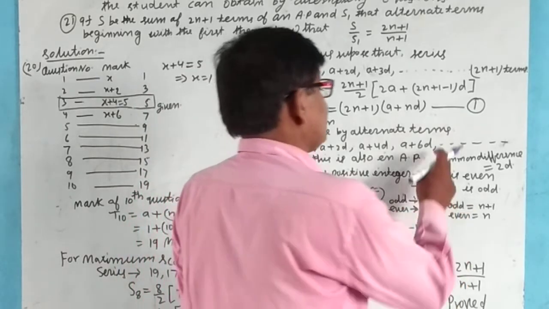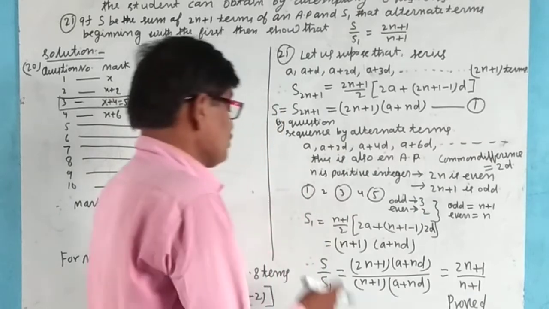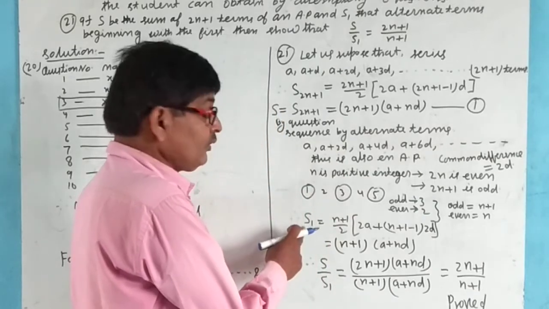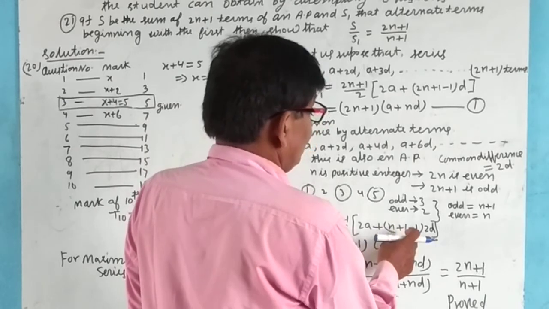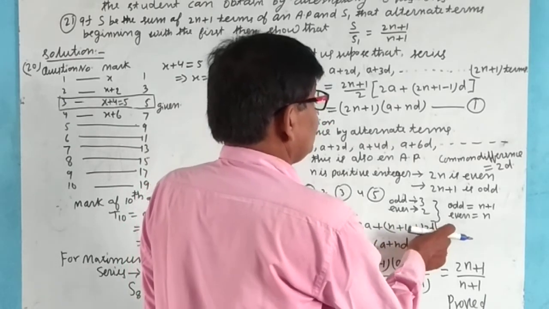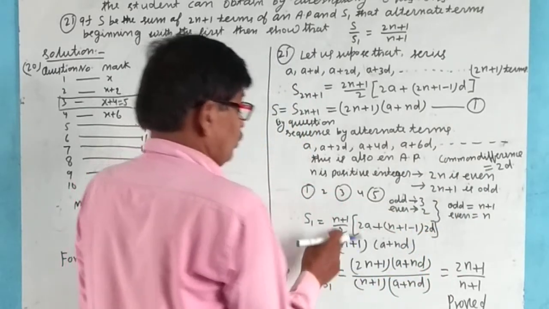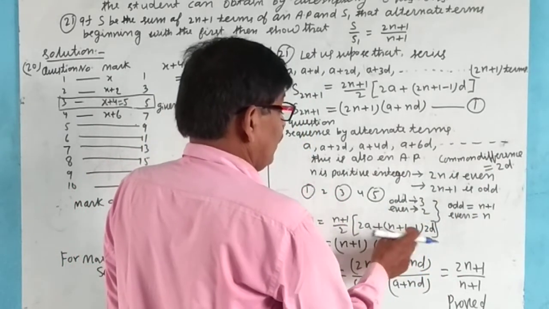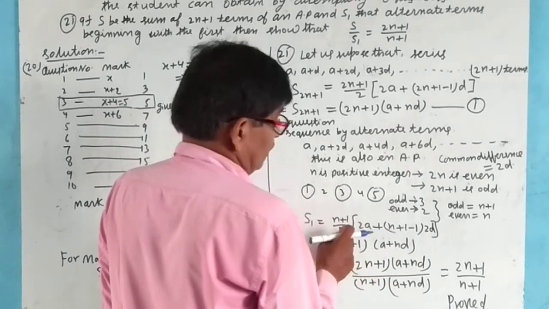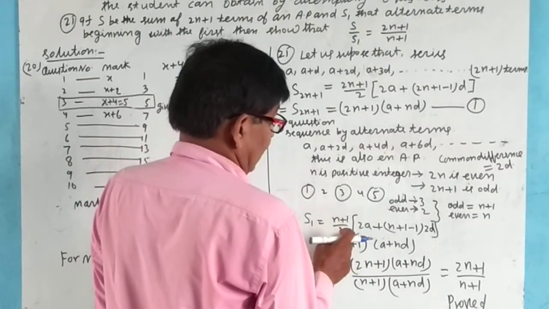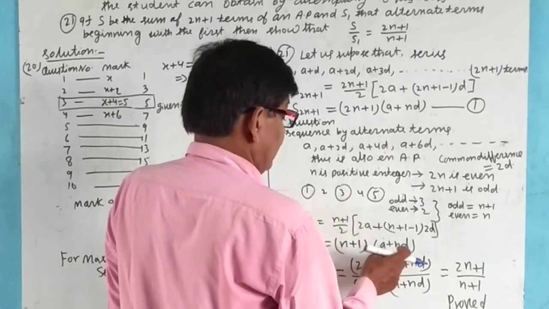So in this case the number of terms will be n plus 1, so S1 is n plus 1 by 2 into 2A plus n plus 1 minus 1 into 2D, because the common difference will be 2D. So n plus 1 minus 1 cancels, 2 also common, and dividing by 2, we get n plus 1 into A plus nD.